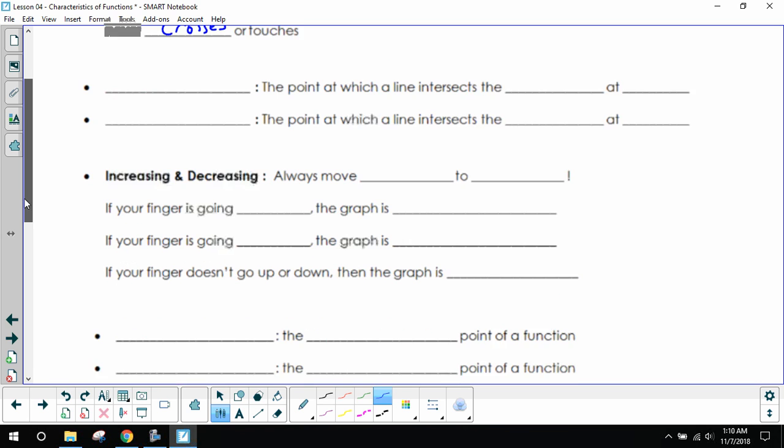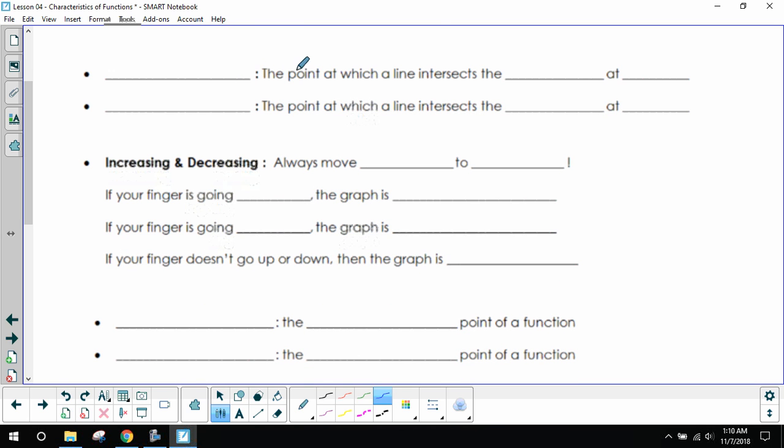Blank, the point at which the line intersects the blank at blank. So this is going to be x-axis. The point at which the line intersects the... Oh, I'm being dumb. That's in the wrong spot. I was reading that and I'm like, no, that doesn't sound right. X-intercept.